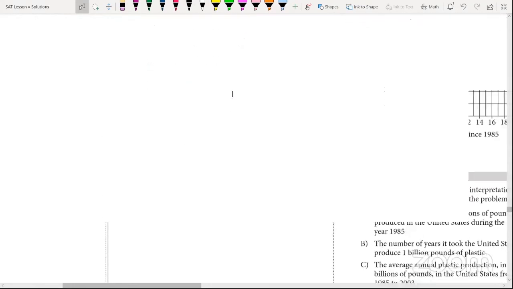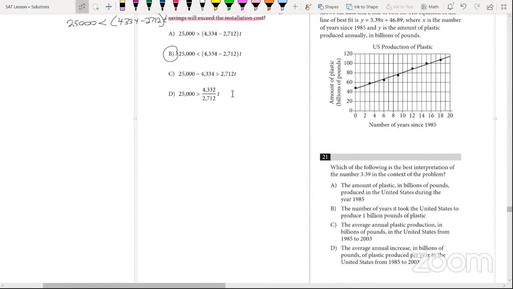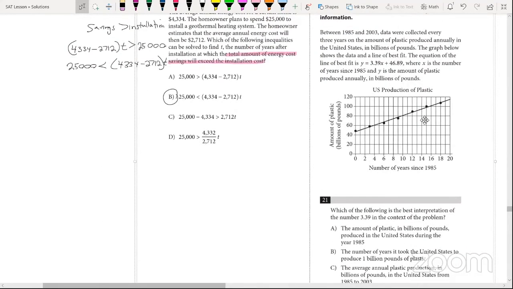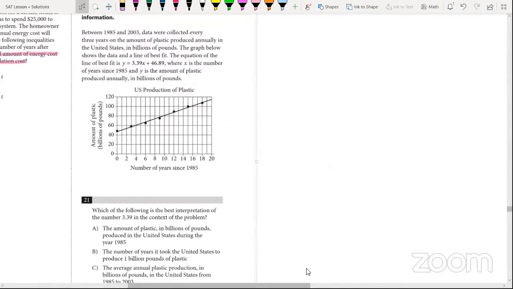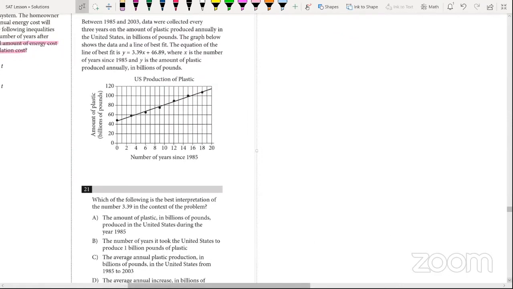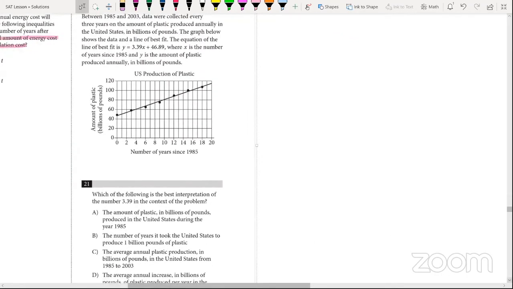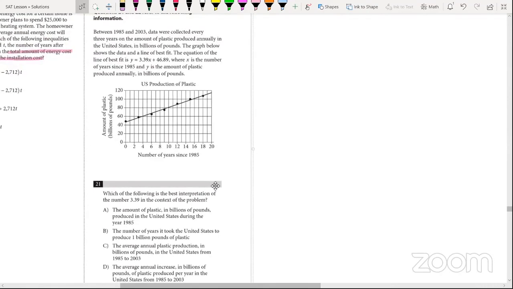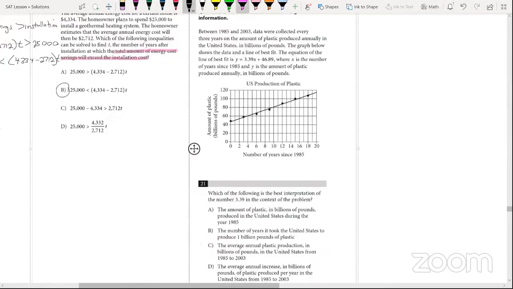Going over to question 21. 21 is giving us a little graph there, and they're saying, what's the best interpretation of the 3.39 in this problem? So they're giving us the function right here. And it's the same function we deal with a lot on the SAT.